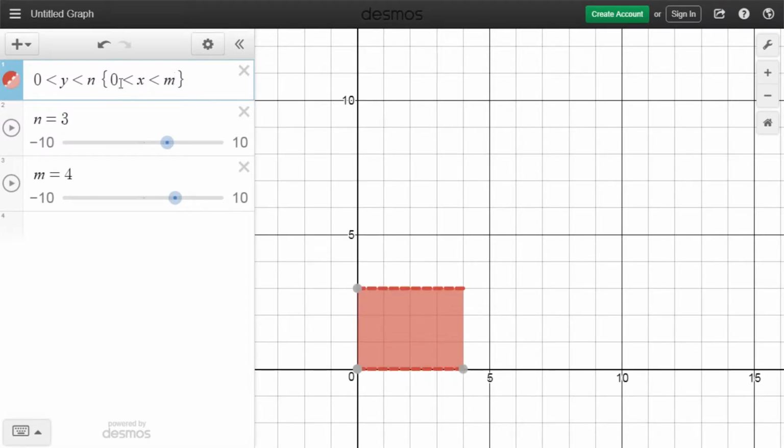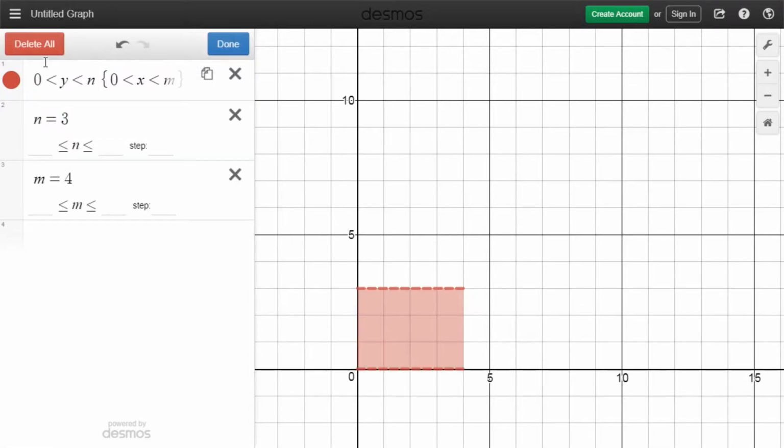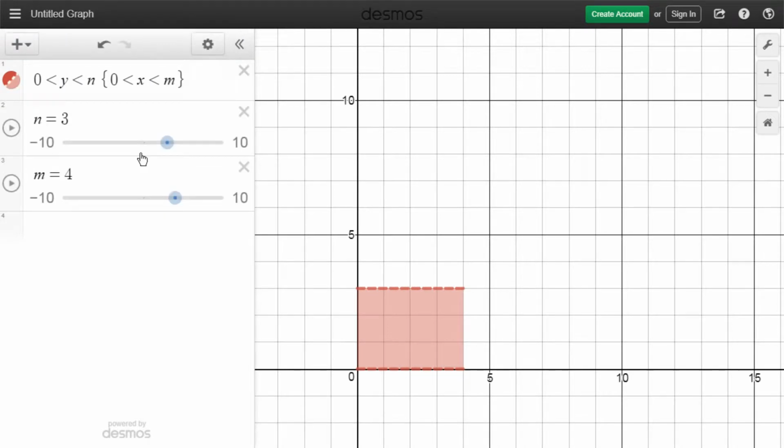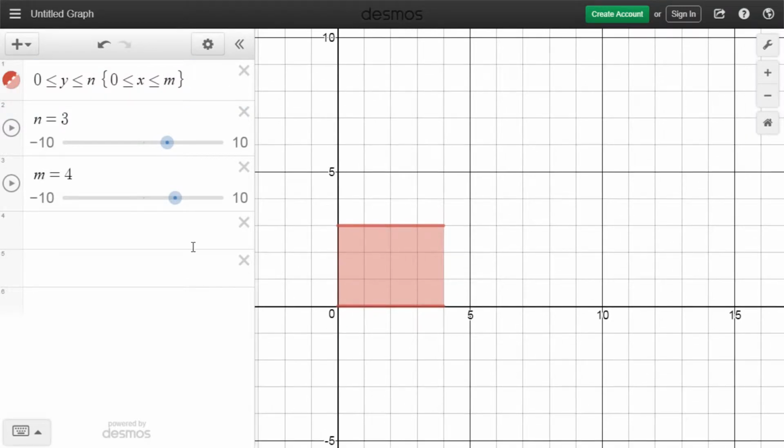Yeah, that's good, right? And then do we need to show the border? Can we make it not dashed? Is that a possibility, maybe? That must be a possibility, right? For it to not be dashed? Maybe it's not a possibility. Okay. Well, I guess it would become solid if we made it equal, and technically it should be equal. So let's do that. Okay, so that gives us our rectangle, sort of.